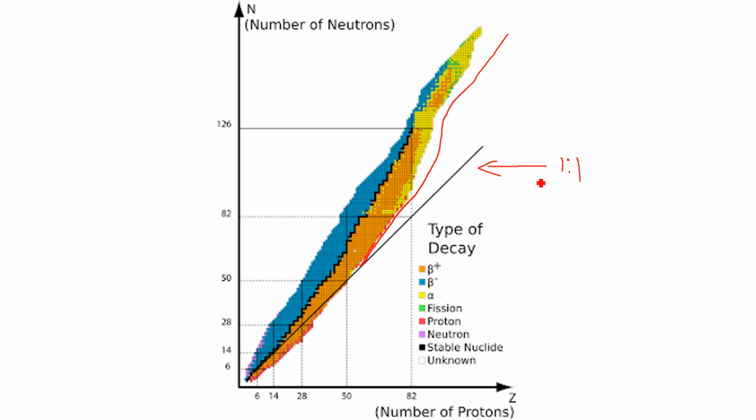So, malayo na siya. Ito mga black na to, ito yung mga stable nuclide natin. So, pretty much maganda yung kanilang proton-neutron ratio. So, walang stress, hindi yung type na masyadong maraming proton, masyadong maraming neutron. So, balance lang siya.